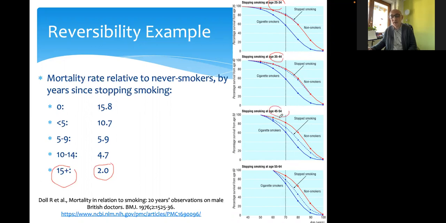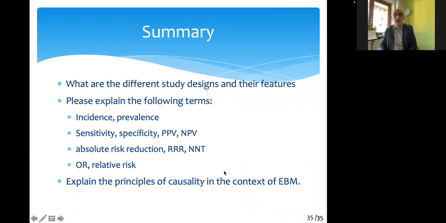Quit smoking after 45, the gap is very large, and he never catches up with the healthy people. And after 55, so there is a reversibility. That means using the Hill criteria, you can claim a causal relationship between tobacco smoking and lung cancer.